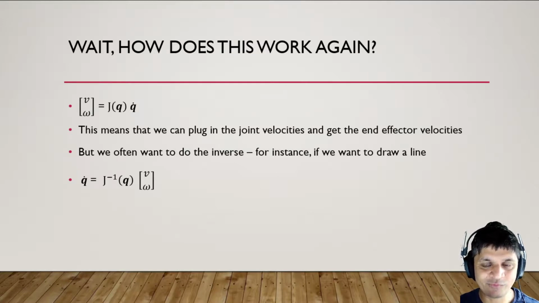We want to figure out what joint forces to apply, in a sense, right? And so what we're trying to work out is actually q dot. Now, how we work it out is by saying, what velocities do we desire on the end effector? Okay, and then we can transform that using the inverse of the Jacobian back into the motor velocities. So it's basically just this equation restated using the inverse.